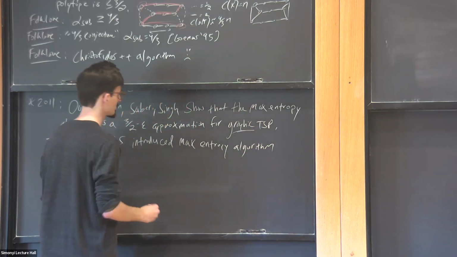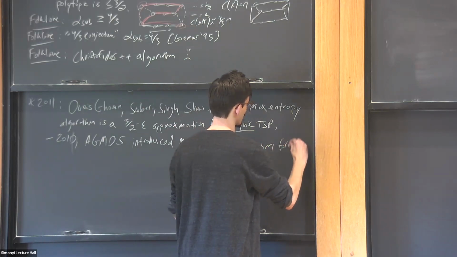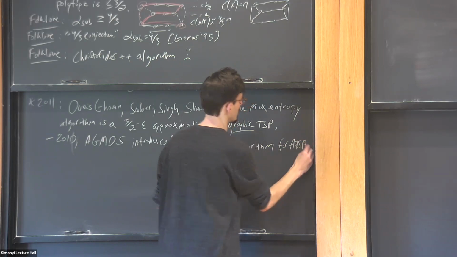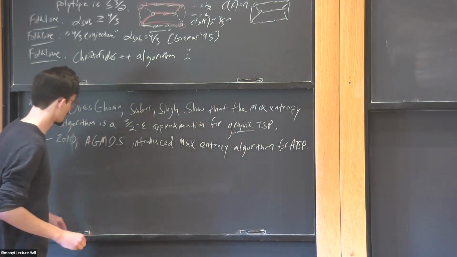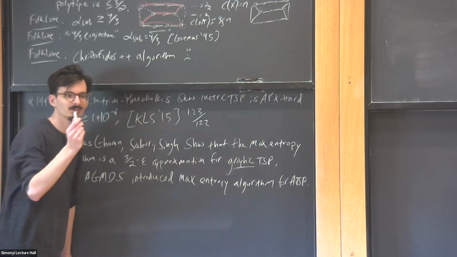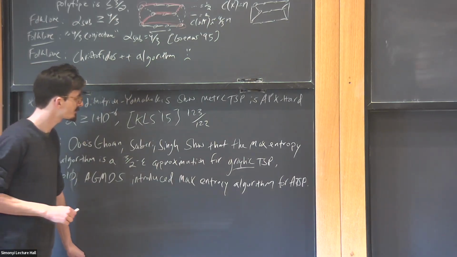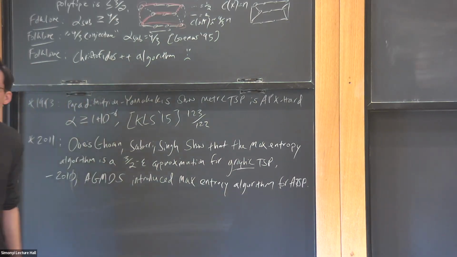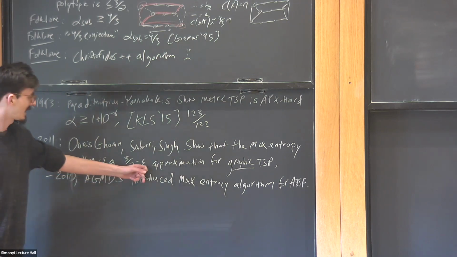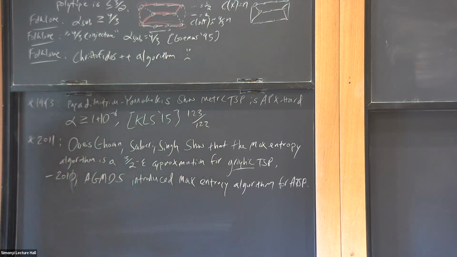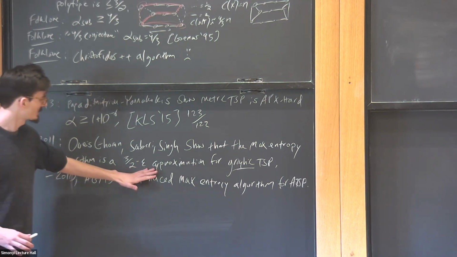And they actually use it for ATSP, the asymmetric traveling salesman problem, where the metric can be asymmetric. What does it mean, we have minus epsilon approximation? Yeah, so they found an absolute constant. I'm not sure they actually computed it.